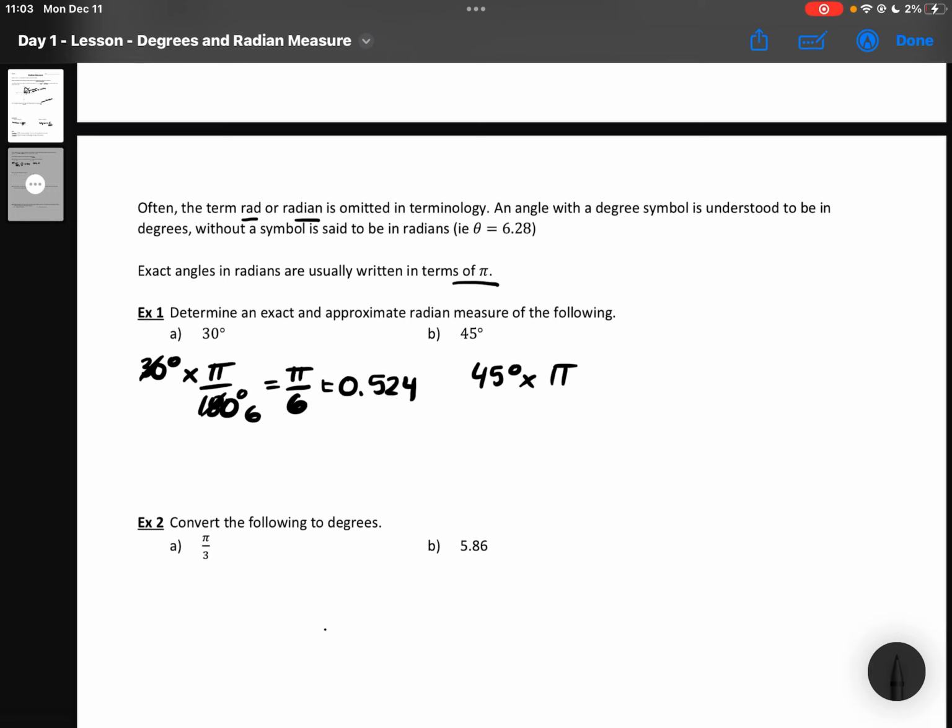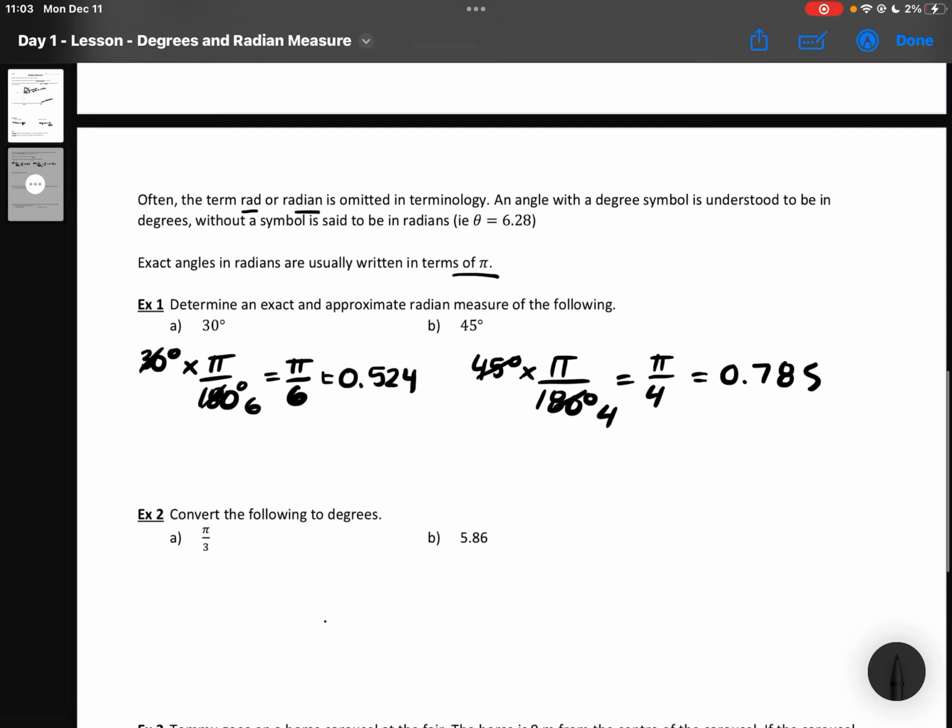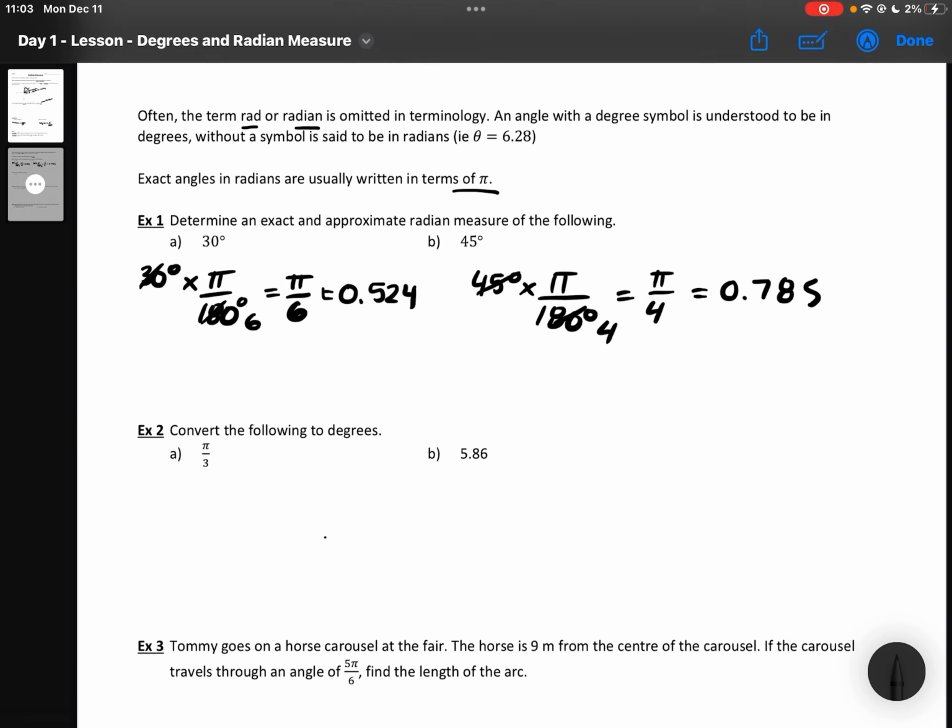We're going to multiply by pi over 180. I can reduce here before I multiply through, and I'm left with pi over 4, or about 0.785.